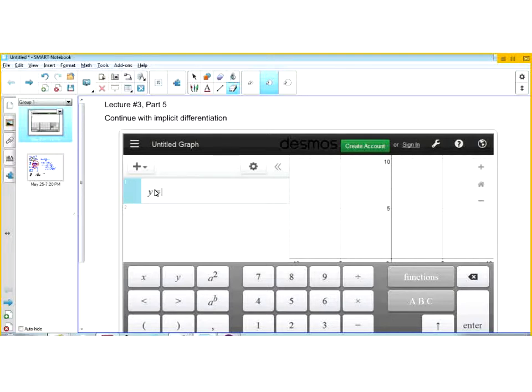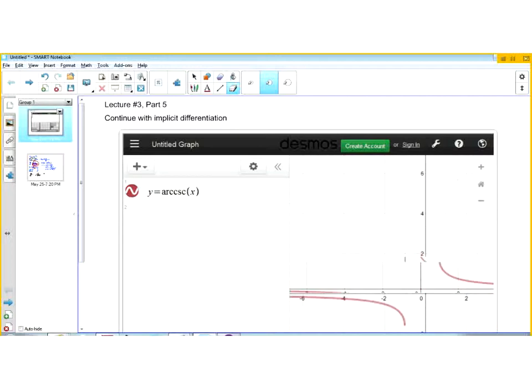So y is equal to arc cosecant x. Okay, and if we look at the graph shown in red, let me adjust my window again.